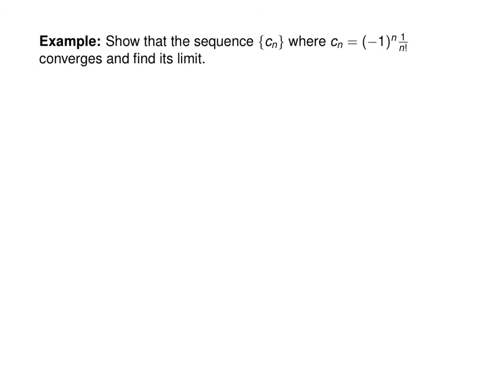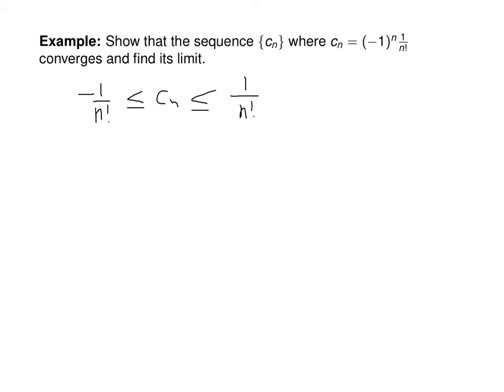So show that the sequence C sub n, where C sub n is given by -1 to the n times 1 over n factorial, converges, and find its limit. So what this -1 to the n is going to do is make the terms in C sub n alternate between being positive and negative. So we know that C sub n is bigger than or equal to -1 over n factorial and less than or equal to 1 over n factorial.